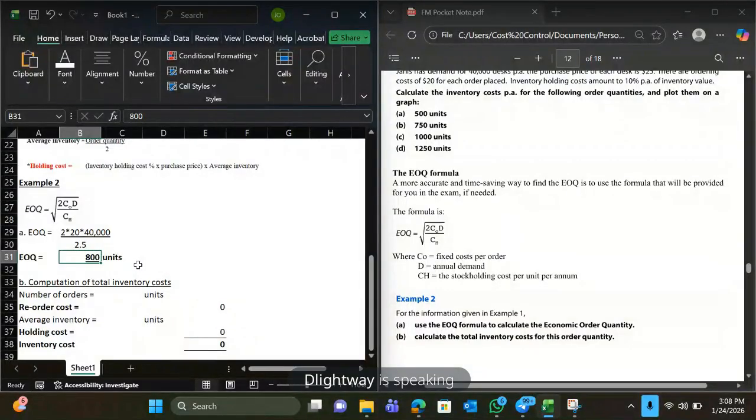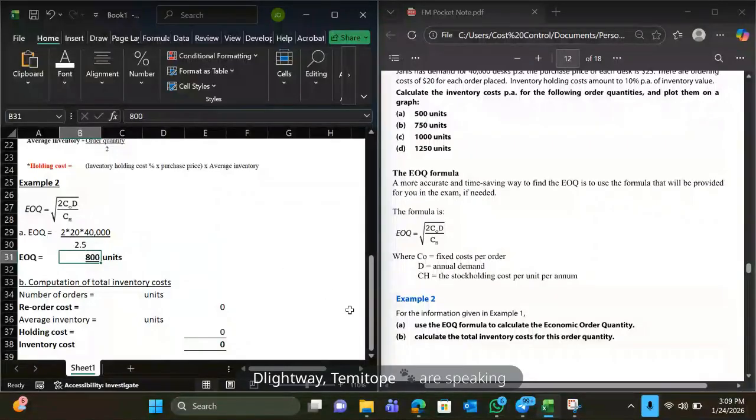From the example we've treated, we got 800 units as the economic order quantity. I believe you can compute this, Temitope, right? You can compute the EOQ with the formula we've given.